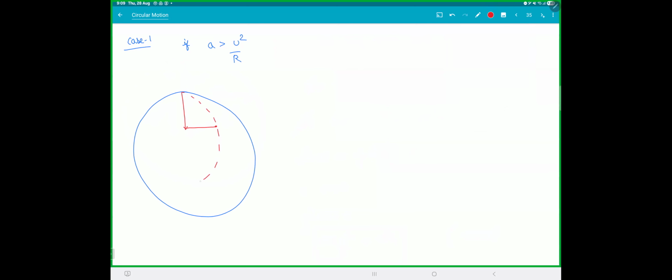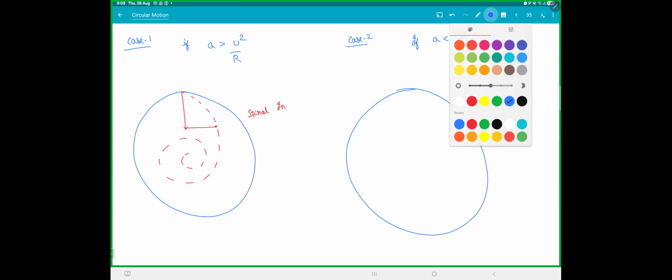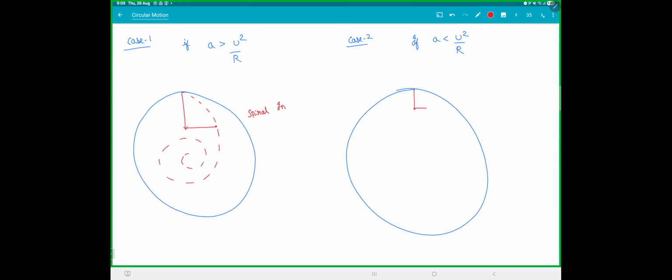So this particle will start spiraling in. What if the acceleration is less than u square by R? That means you're falling less, but you're going outside more. That means you will spiral out.